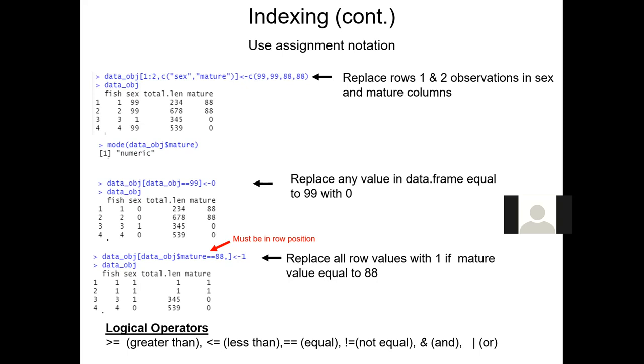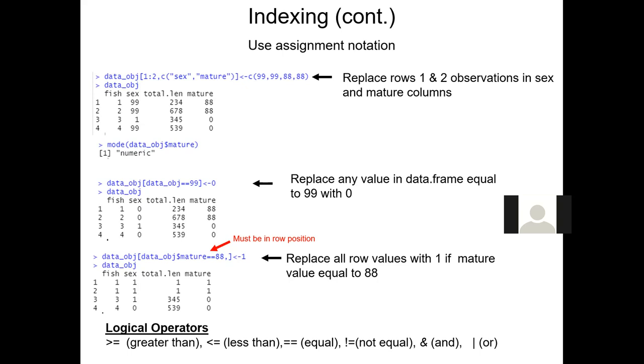And you can use any logical operator. So if you wanted all mature values greater than a certain value, you can use greater than or equal to. If you want something that's not equal to a particular value, that's specified using exclamation point equals, which are the logical operators as shown below.